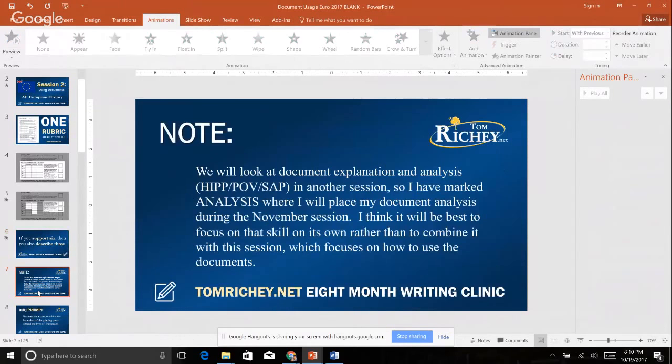Let's note here that we will have another session later on that's going to focus on document explanation and analysis, your HIP, POV, SAP, all of that stuff. I've marked analysis. When I write this stuff, I'll put my analysis here, and we'll work on that more and model that in another session, because what we're really focusing on is getting the points one by one.